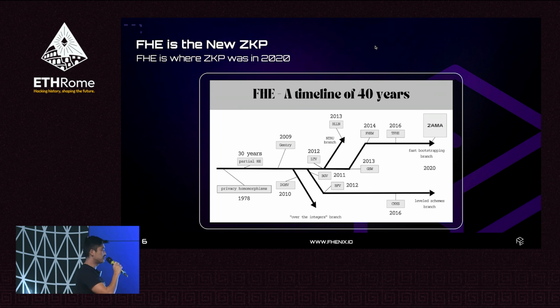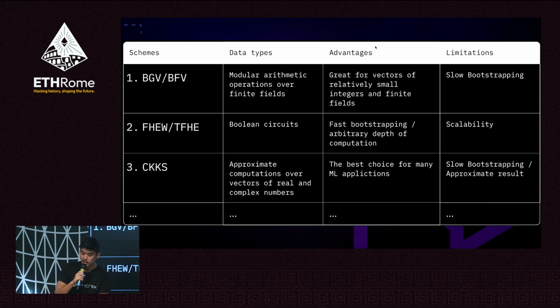This is good for Boolean circuits, if you want to compare two bits and get a deterministic value from that. Here is a high-level overview of the more popular FHE schemes, and there are pros and cons of each. Again, I won't spend too much time on this, but if you have any questions, feel free to come to me at the booth. I'll be around.